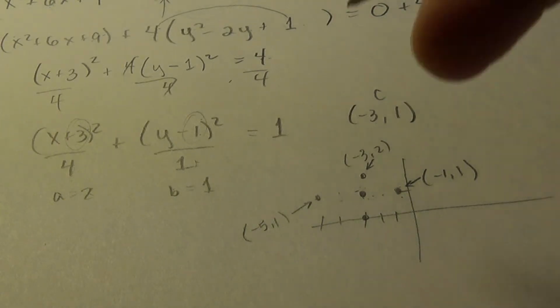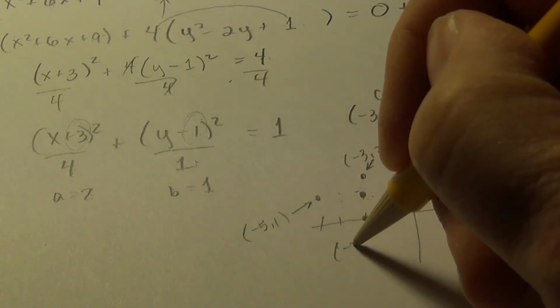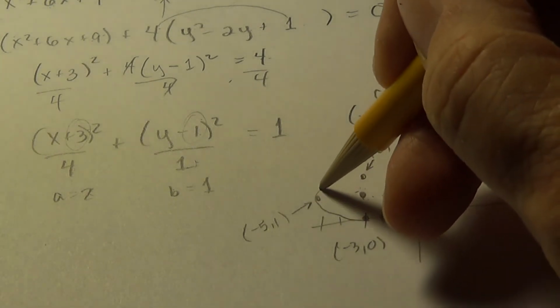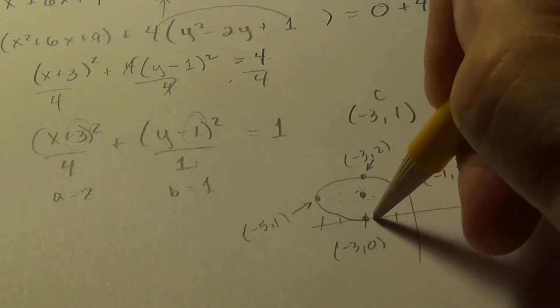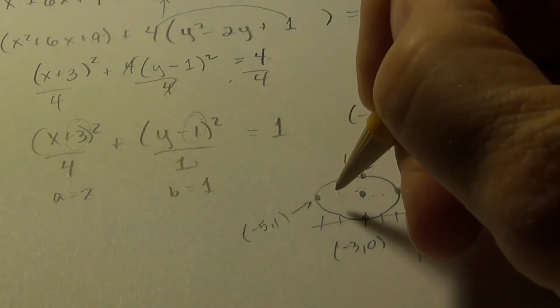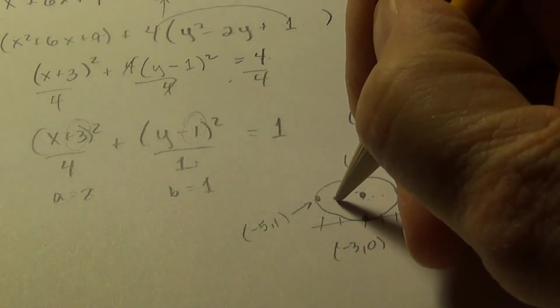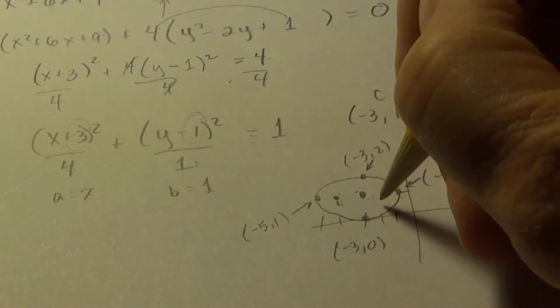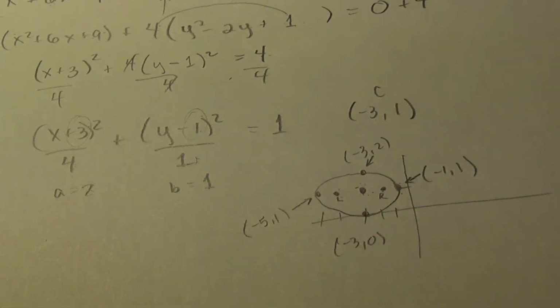And this one is down 1, so it's -3 and 0. All right, I can sketch this, but I also want you to be able to find the foci. So I'll put them in somewhere here and here. I'll call this the focus on the left, and this the focus on the right.